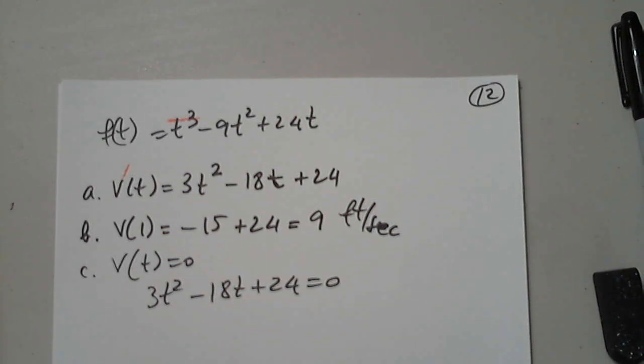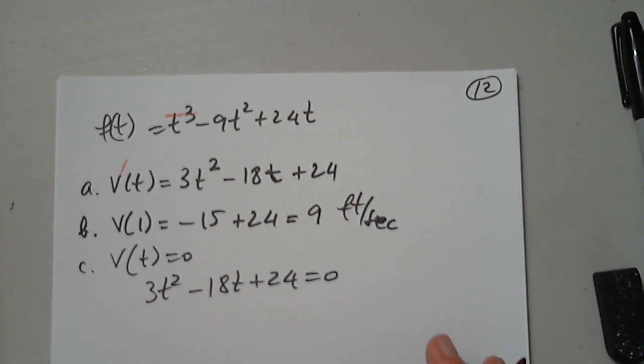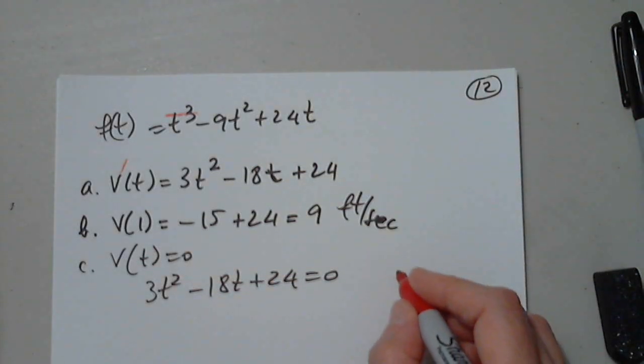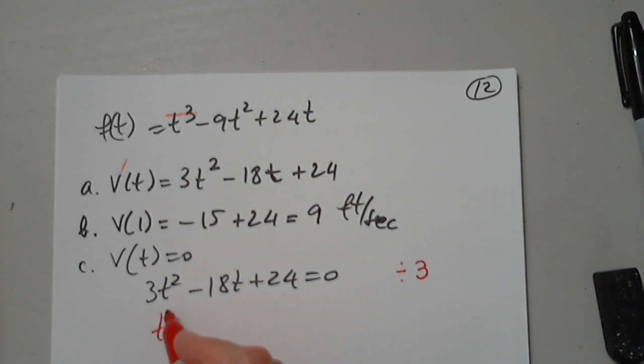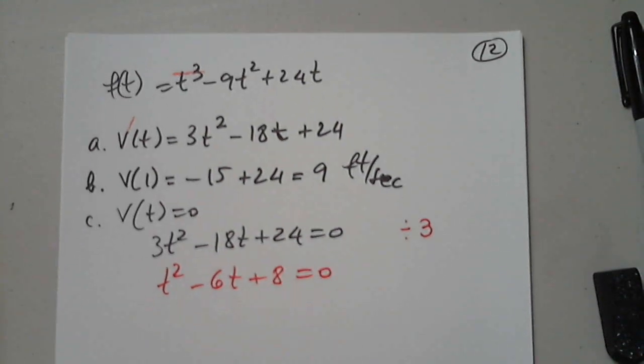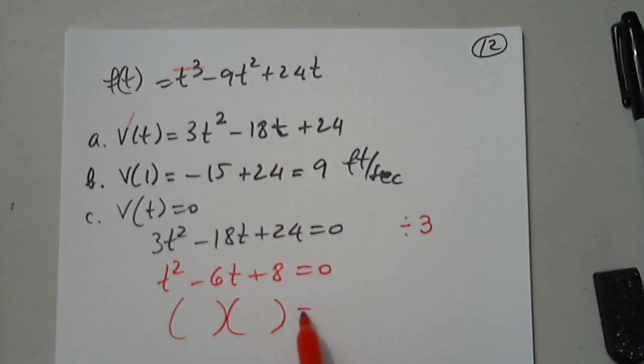We don't factor equations unless we factor out variables. But if we get rid of numbers, we do not factor. We are dividing both sides by 3. So we get t squared minus 6t plus 8 equals 0. We should be able to quickly determine this, or you can use the feature in the calculator. But this should not be a problem.